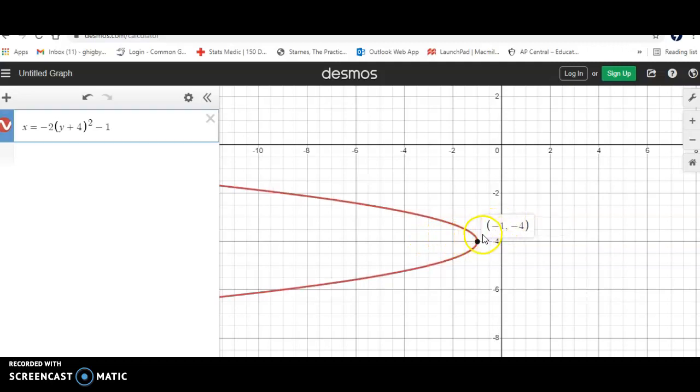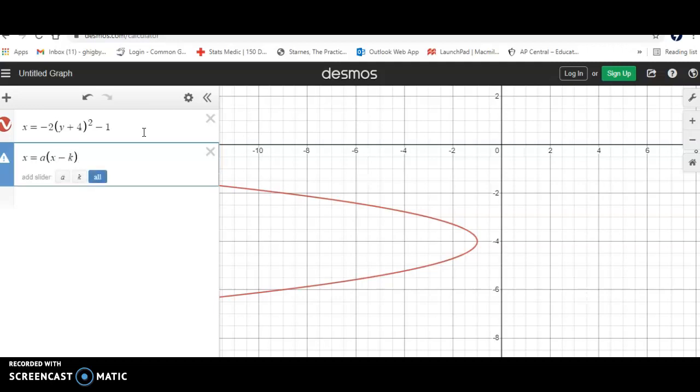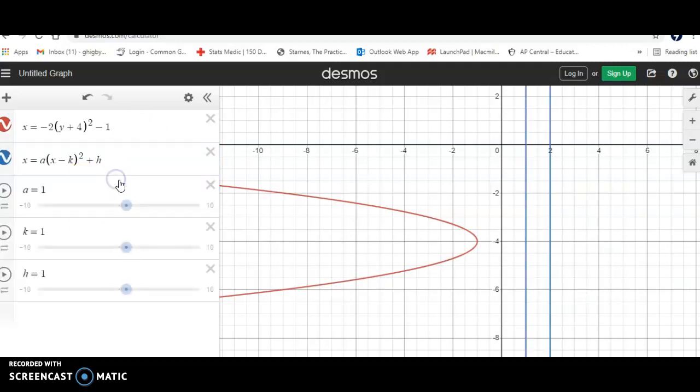And notice that if you just click on the graph and put it right here, you can actually see what happens. And maybe if I were a better teacher, I might even make you guys explore a little bit on your own. Oops, I should make that a minus k squared and then plus h, and make a slider for all of these.